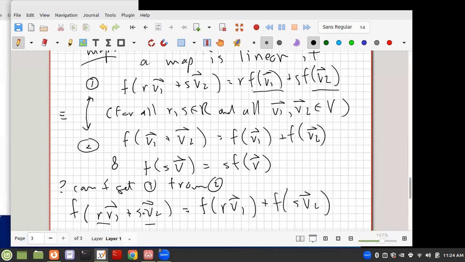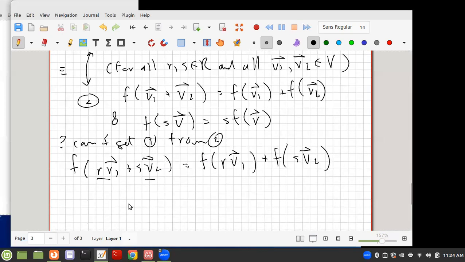I can take any two vectors and just divide them up. Then I can apply the second one to each individually to get r f of v1 plus s f of v2. I can factor out the r and the s, and I recover property 1. So they're equivalent.